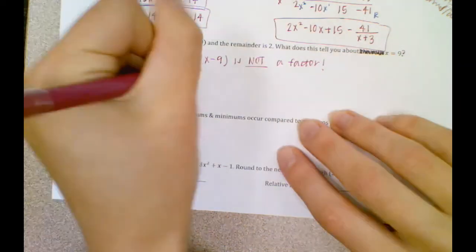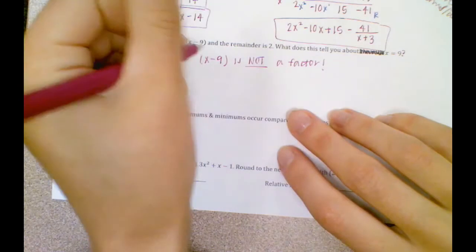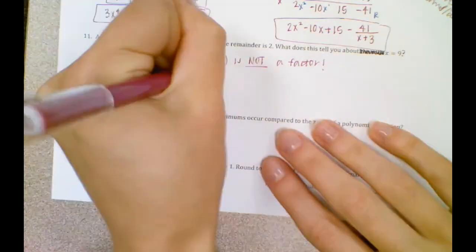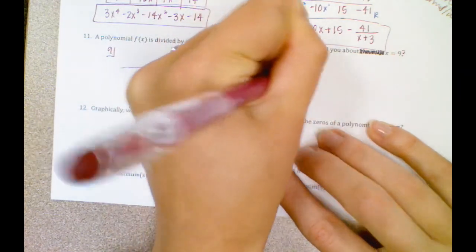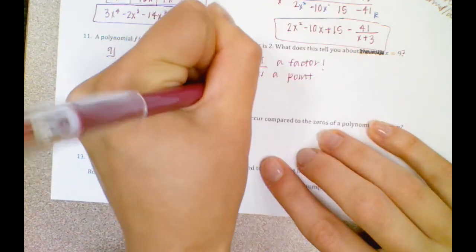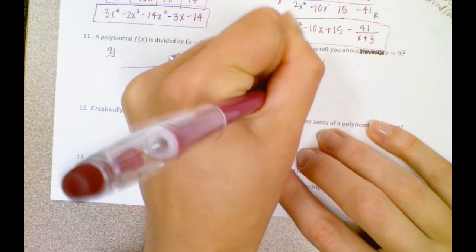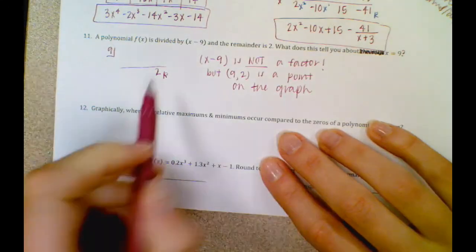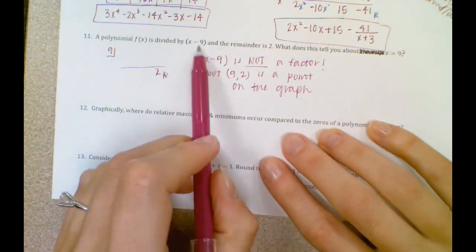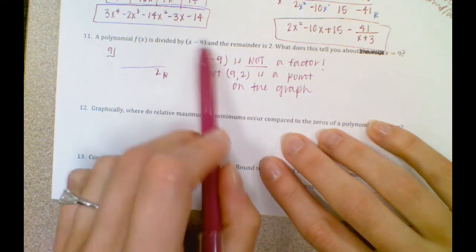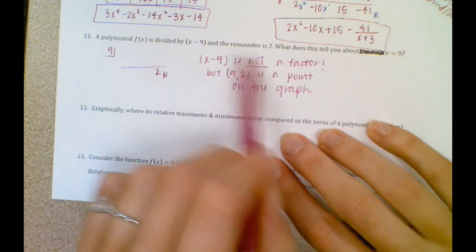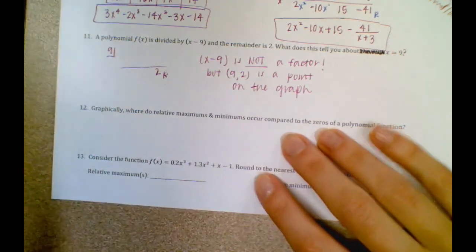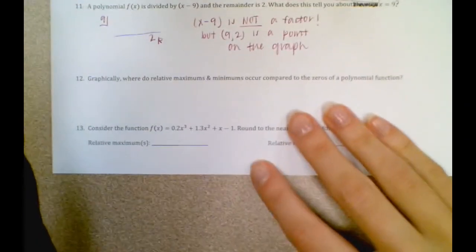But there is a coordinate point of 9, 2 on the graph. Okay. Remember, in order for this to be a factor, the remainder has to equal 0. Okay. So just be careful of that. All right. That question was just to remind you of that.